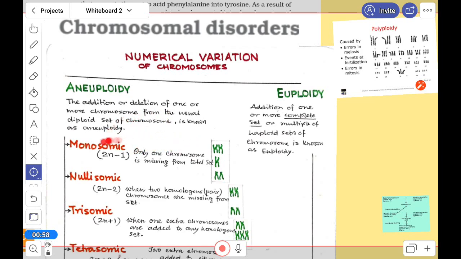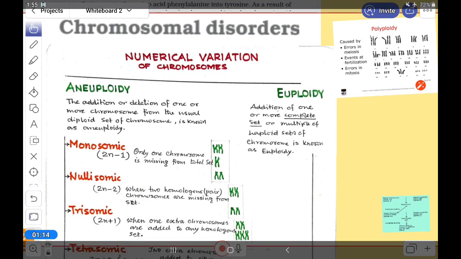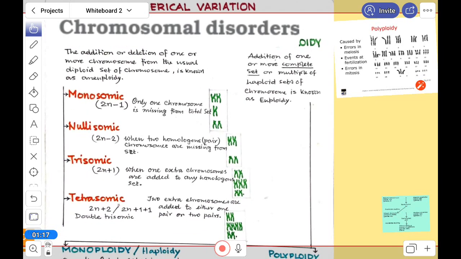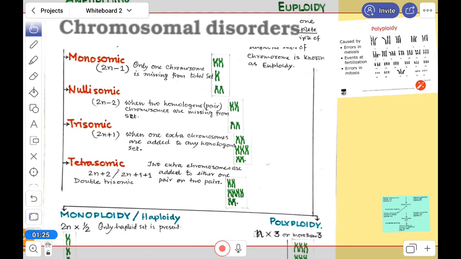Remember that the other chromosomes are okay, but any one certain set, suppose the 21st set, can be monosomic, meaning only one; nullisomic, where both are gone; trisomic when it is 3; tetrasomic when it is 4. But we are talking about only one set, not every set changing.